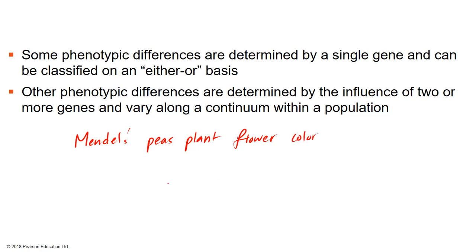You have, for example, capital P, small p, capital P capital P, which will produce the same. So these are considered genotypes, and they will produce purple flower color, which is basically the phenotype.